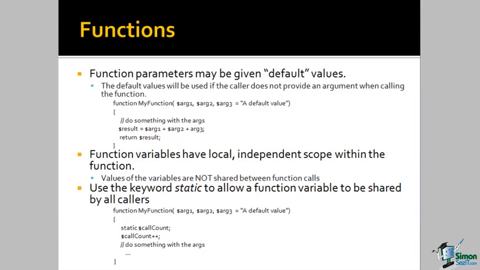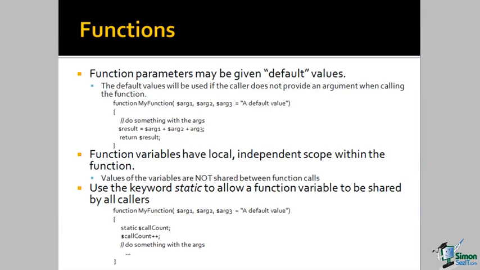So now that I've declared arguments within my function, what is their lifespan? What is their ability to interact with the rest of the application? The answer to that is simple. They have absolutely no ability. Arguments and any variables that we create within the scope, within the block of code that defines the function, have absolutely no access to any code outside of the function, nor does any code outside of the function have access to those values within the function code block.